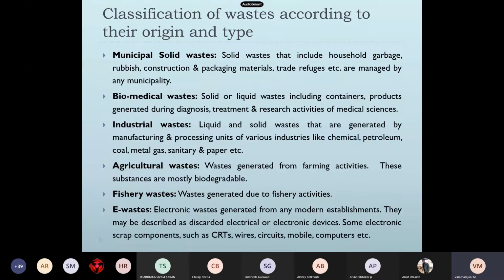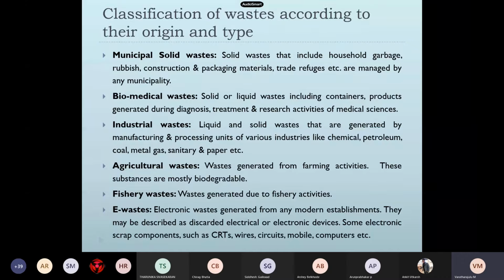See, we are struggling to handle the non-vegetarian wastages, and one among the wastes would be the fishery waste, which is waste generated due to fishery activities. What we are doing is cleaning, and after that we are trying to eat those things. But handling this fishery waste is a major concern.